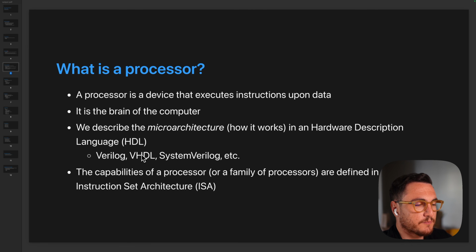When talking about processors, we want to know what the processor is capable of, how it's organized internally, and all this kind of stuff. And the capability of a processor, and most often a family of processors, is defined in what is called the instruction set architecture. The instruction set architecture is the single most important document.